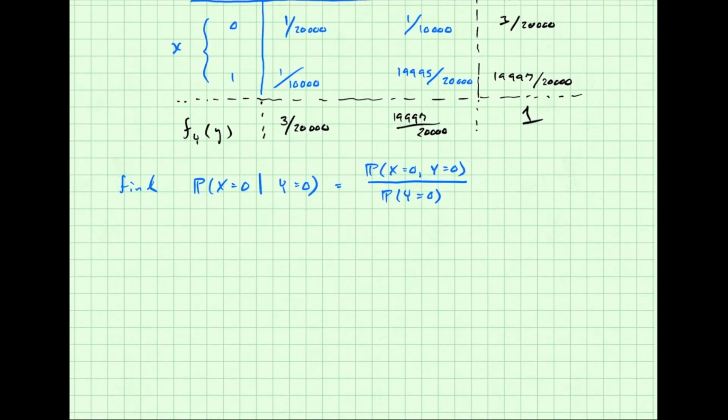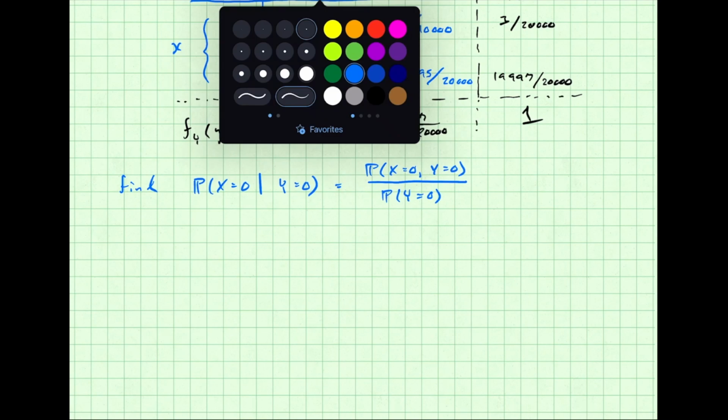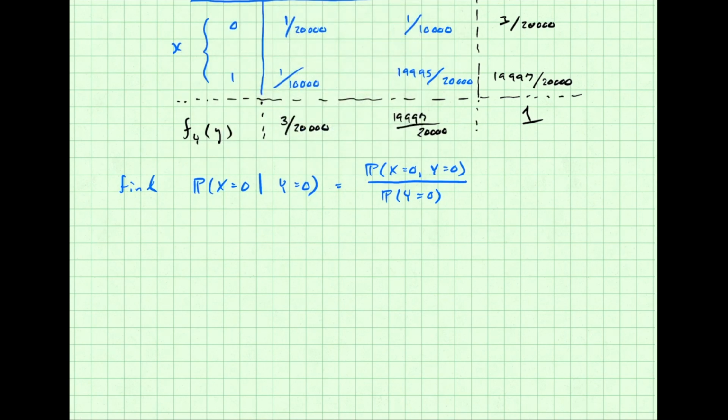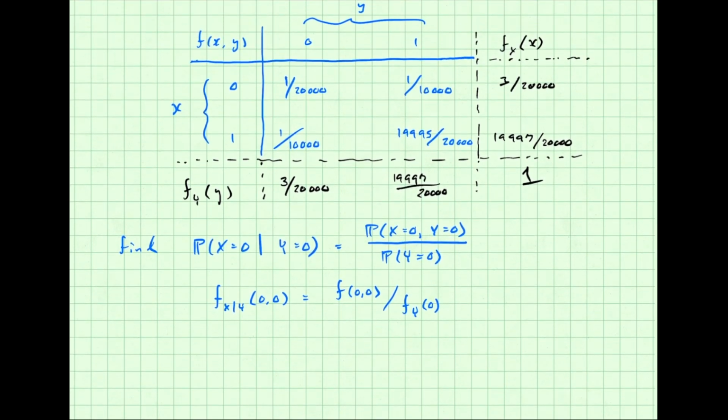But all this stuff, you can translate into our probability mass functions. And so what this is, f sub x given y at 0, 0 is equal to f 0, 0 divided by f sub y 0. And now we can actually evaluate it because we can look up here, right?